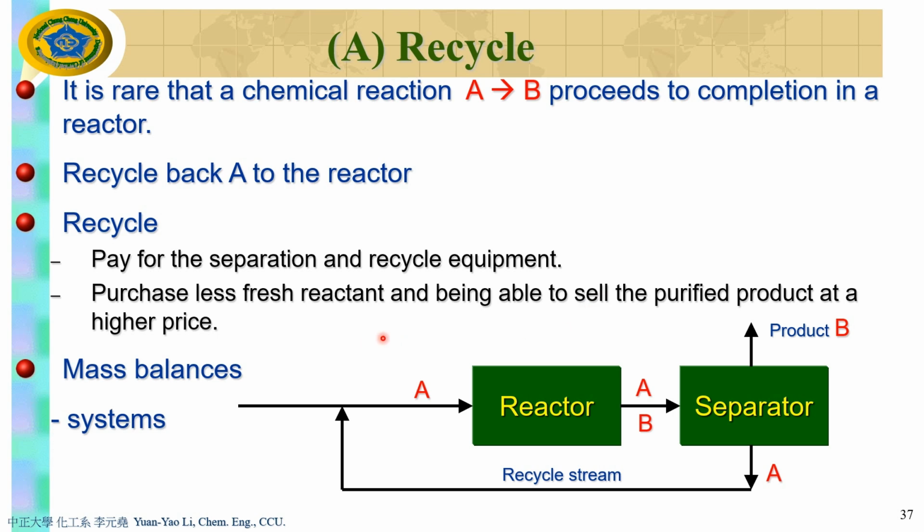Because this is first year, you don't need to know how to design this reactor or how much money you need to spend. What you need to know is how to make input equal to output, how to do mass balances. So how many single unit systems are here? This is a joint point, with stream A, stream 1 and stream 2, so 1, 2, 3.